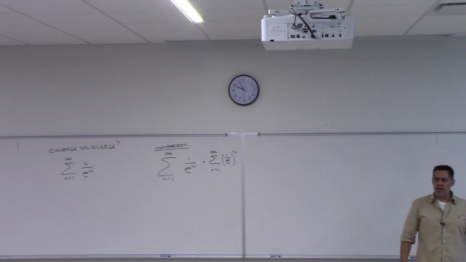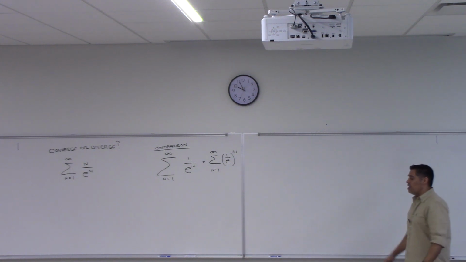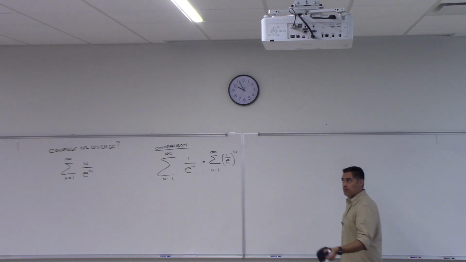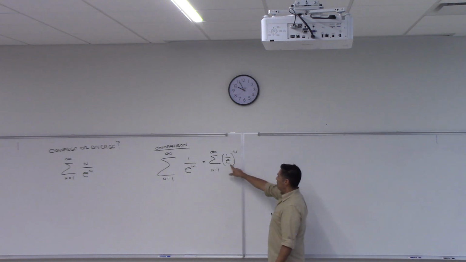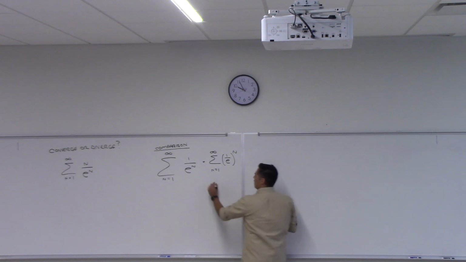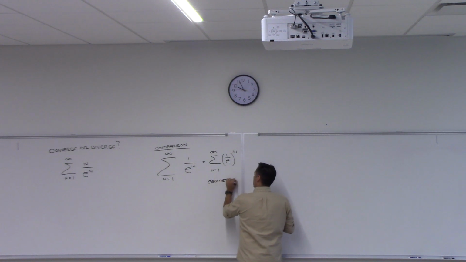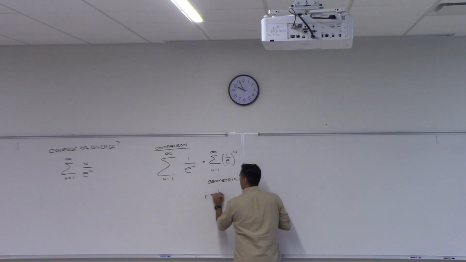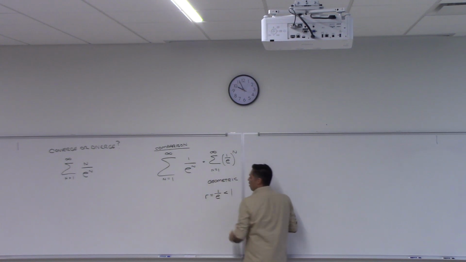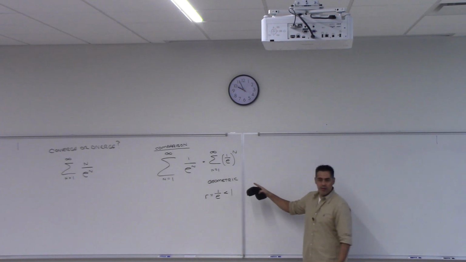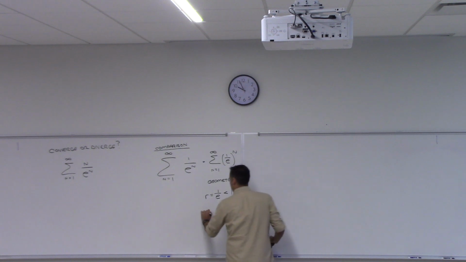And what's 1 over e? Well, some number that's bigger than 1 or smaller than 1? This number is smaller than 1, isn't it? So this is a geometric series with r being equal to 1 over e, which is definitely less than 1, which means this is what? Convergent. This is convergent.